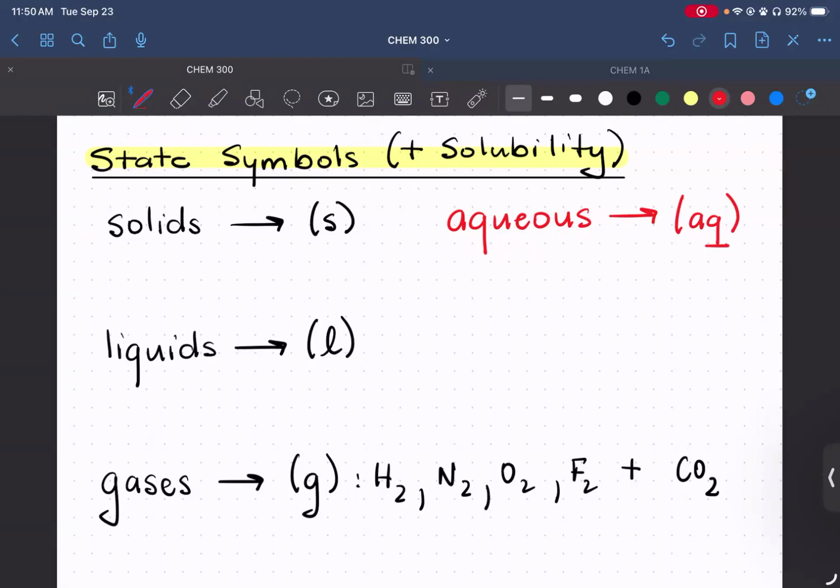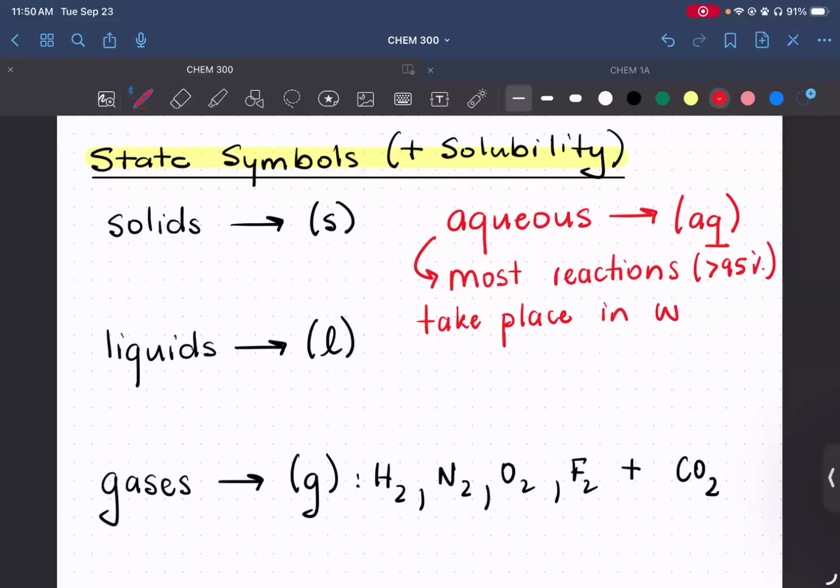Now, to understand exactly what aqueous means as a state, we must note that most reactions, especially the ones we're going to see in Chem 300, over around 95% of them, take place in water. So the term aqueous quite literally refers to dissolvable.